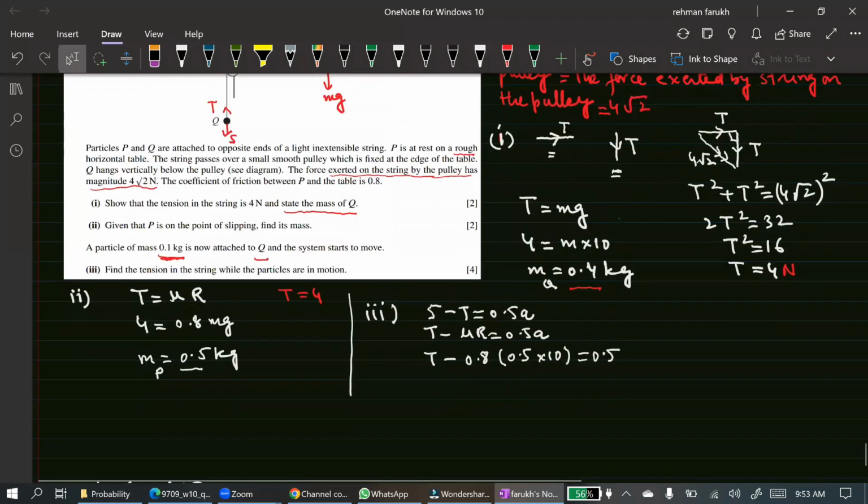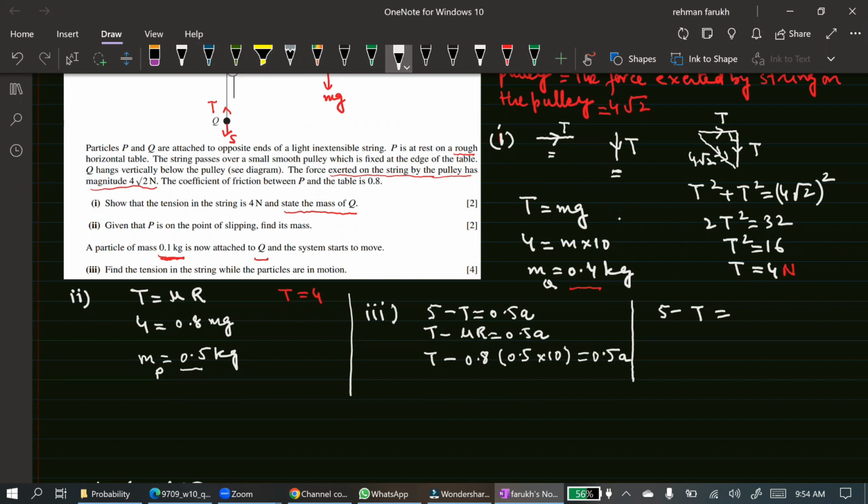Solving the two equations, 5 minus T is equal to T minus 0.8 into 0.5 into 10. 2T is equal to 5 plus 4.